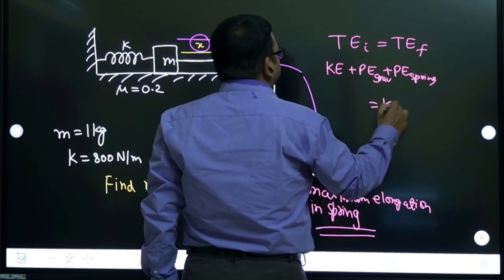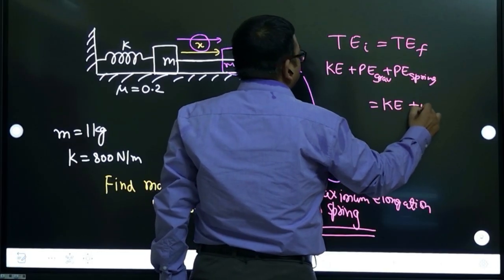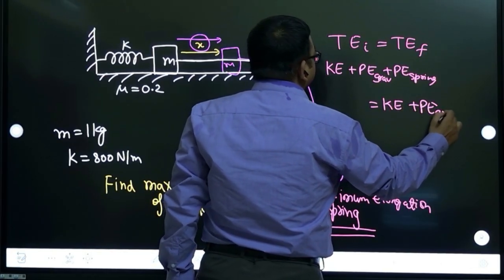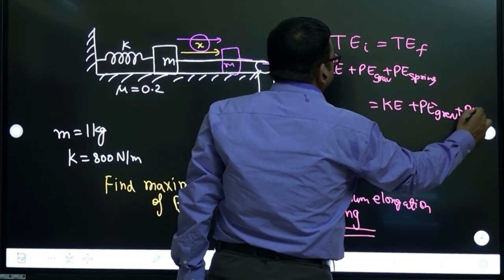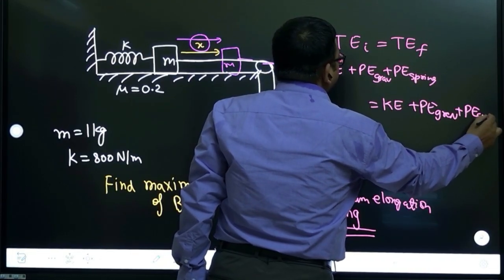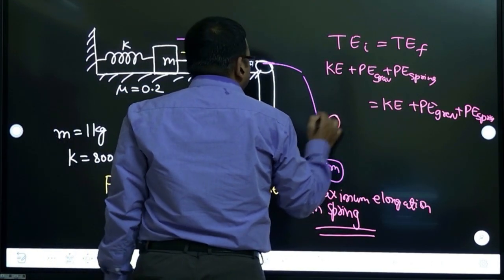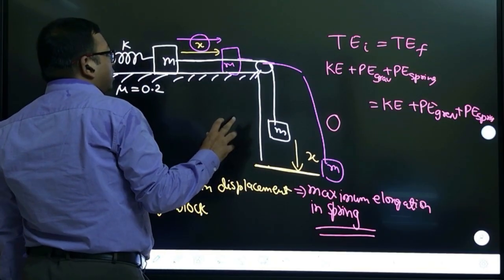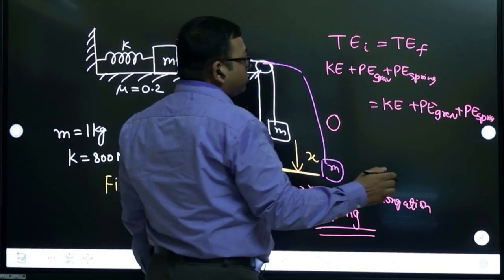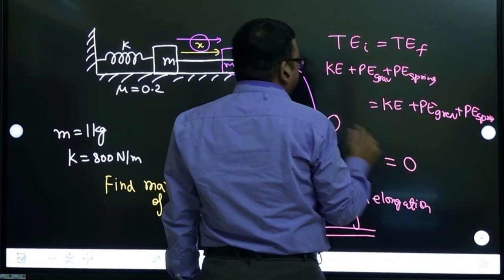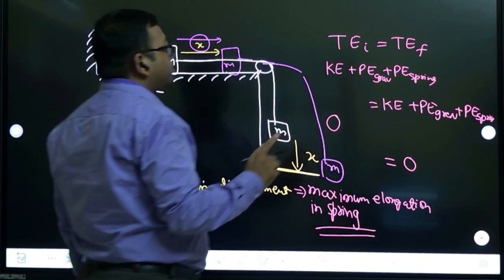Similarly for the final state. We will write this for both initial and final. Initial kinetic energy is 0 because the blocks are not moving, and final kinetic energy also will become 0.